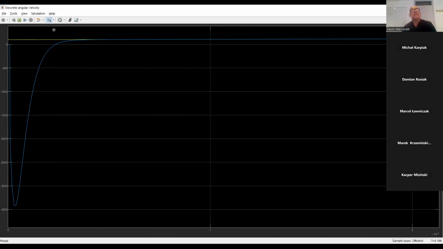This effect is a peaking effect. How can I reduce this? And in particular, why do we have this effect in the wrong direction? This depends on many things.